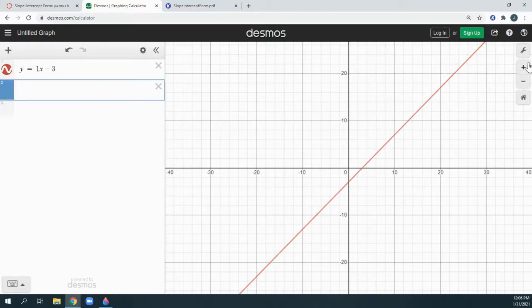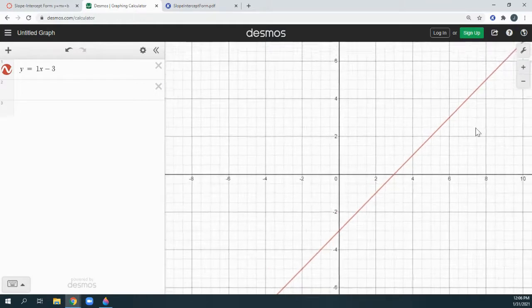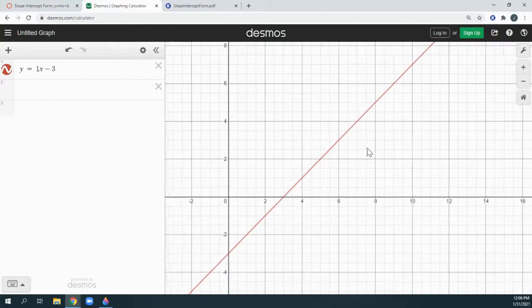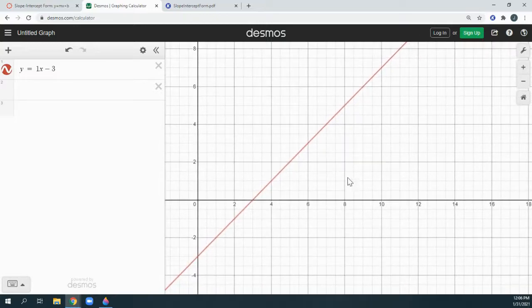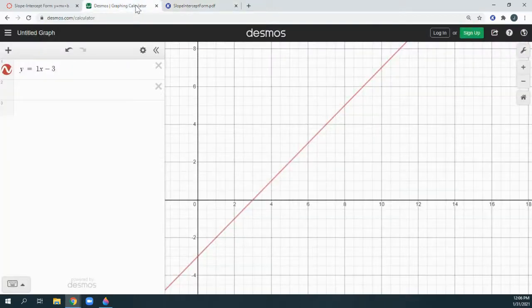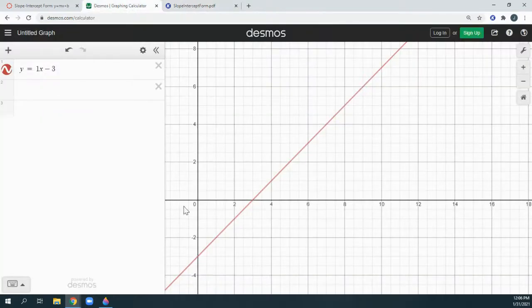Okay, there. Here's my graph. I'm going to scoot it over here a little bit so it looks closer to what we had. Here's our graph. This one crosses at negative 3. This one crosses at negative 3.